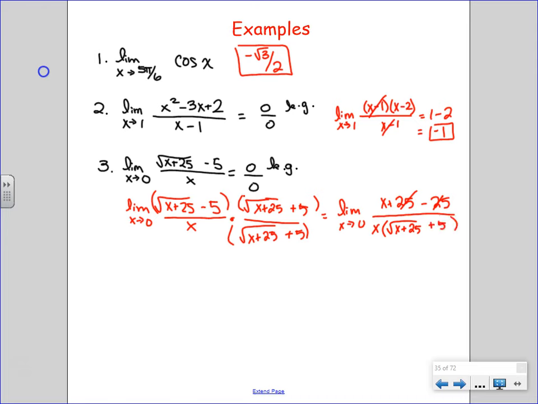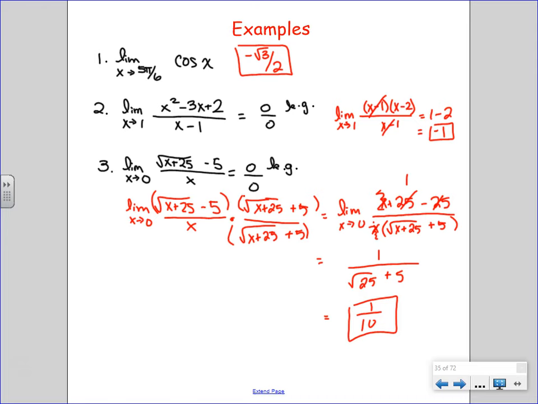Hey, you see how I still kept writing my limit? Since the 25's cancel, what can I do with the x's since there's no more addition up top? I can cancel those as well. Now I can plug it in: 1 over the square root of 25 plus 5. Some of you hadn't done that before, or haven't done it in a while.